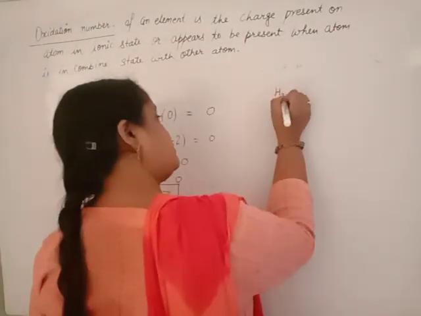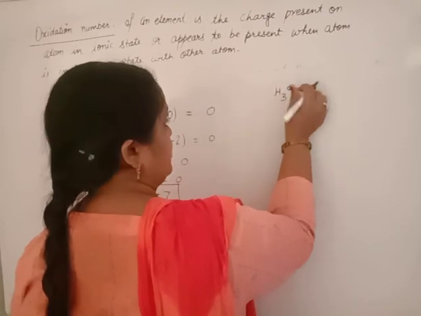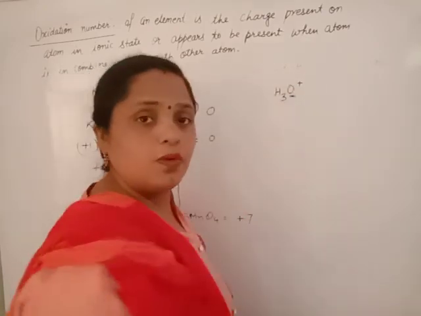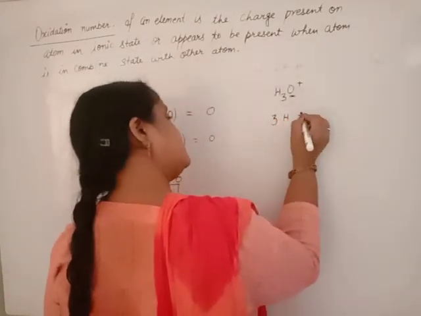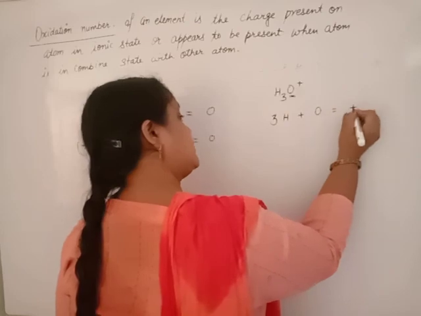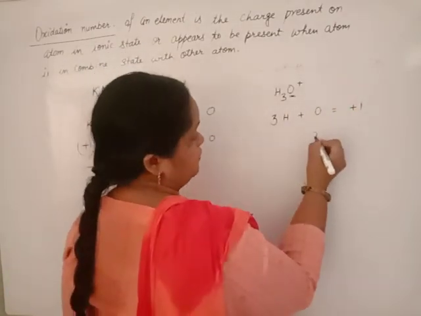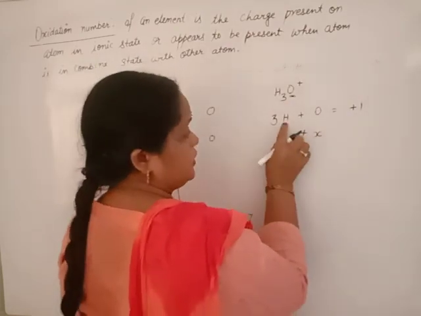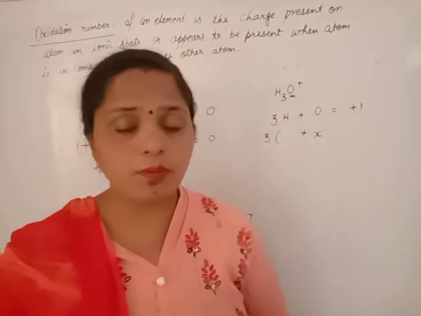Suppose you have H3O positive. Calculate the oxidation number of oxygen. It is made up of 3 hydrogen, 1 oxygen. Total charge given is +1. Then you want to calculate for oxygen. Oxidation number of hydrogen: beta, oxygen is non-metal, not metal.